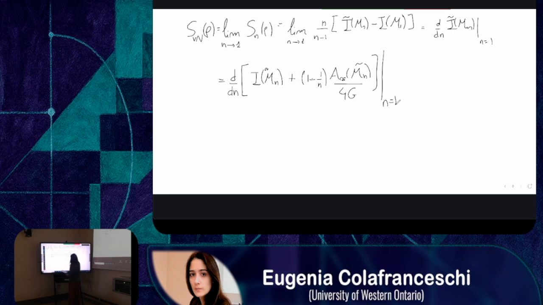And so the only term that survives is this limit for n that goes to 1 of the area of the conical singularity for this slice over 4G.